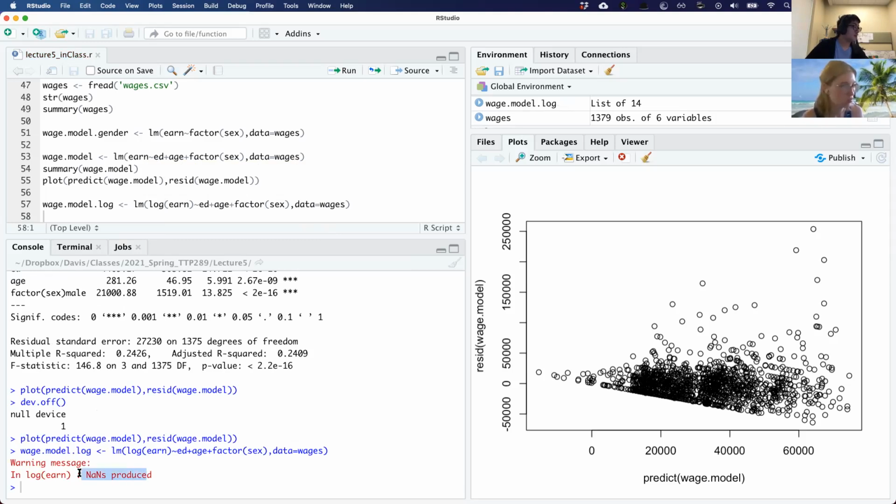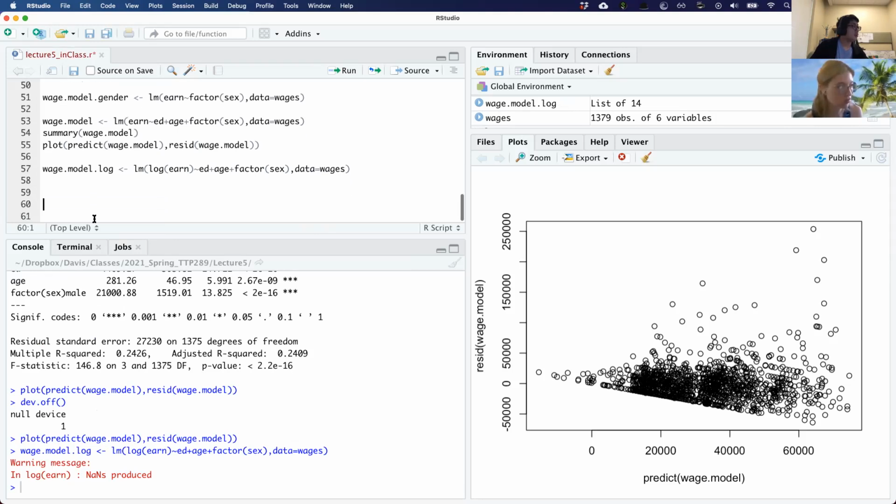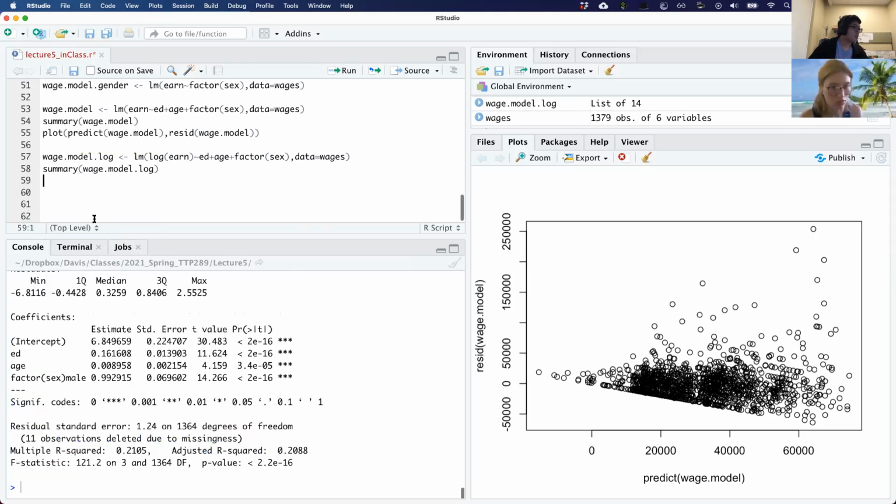Okay, so we do have some NAs being produced, because you're doing logs of negative numbers. So those end up getting dropped. The interpretations are now different. Like I said before, you're now doing this beta % thing. So a single year increase in education is going to be a 16% increase in your wages and earnings.